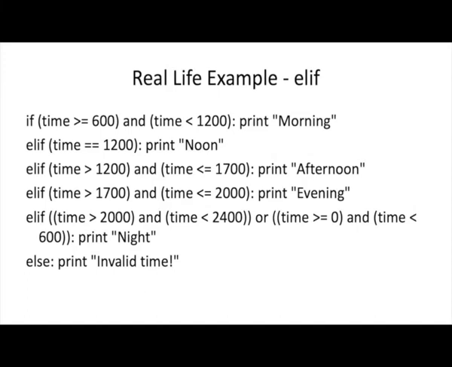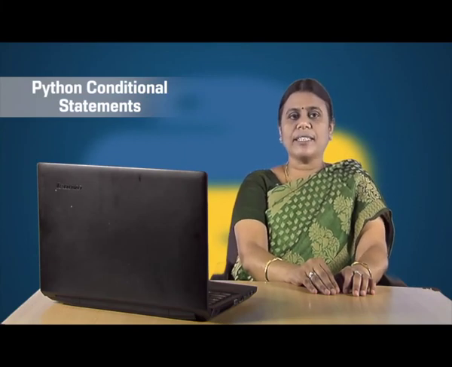Elif time greater than 17 and time less than or equal to 20, print evening. Elif time greater than 20 and time less than 24, or time greater than or equal to 0 and time less than 6, print night. Else print invalid time. Notice the logical operators that have been used in each condition in this program.